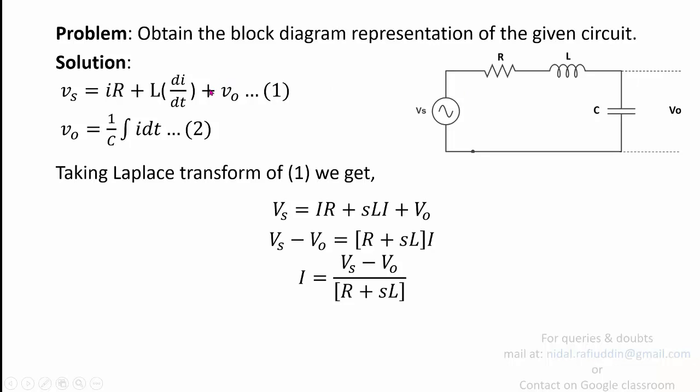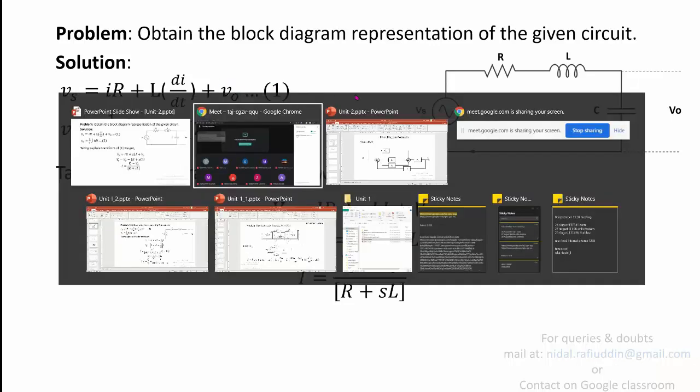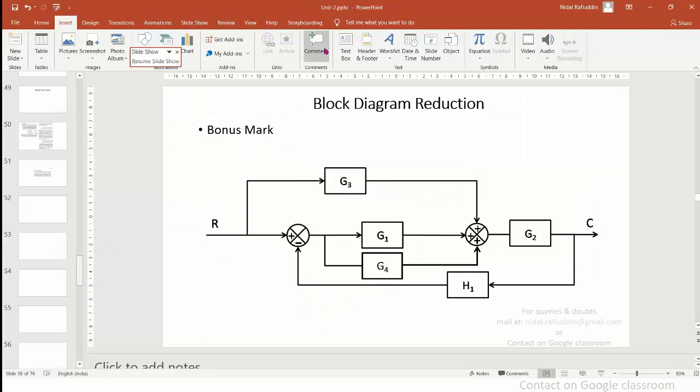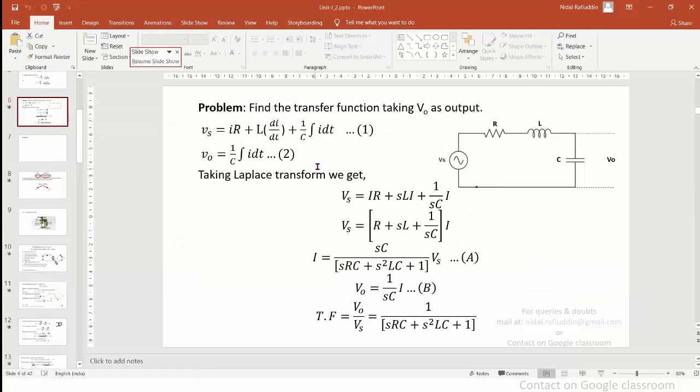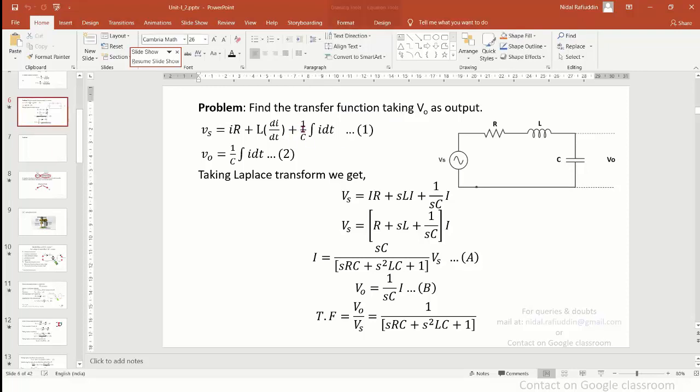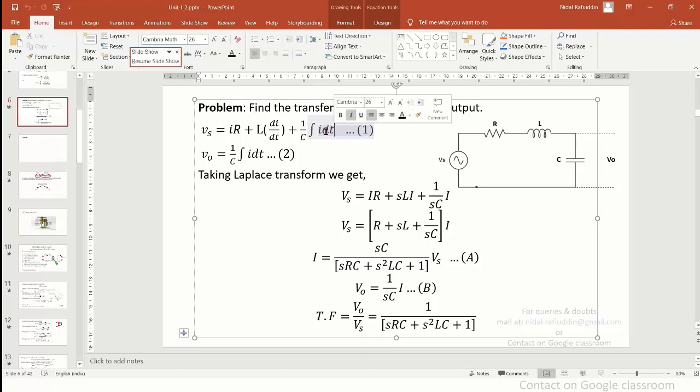So let me show that for you because it's given here. If you remember, in order to find the transfer function for the same network that we did in unit 1, instead of writing this term, in obtaining transfer function we wrote 1 upon C integral I dt.